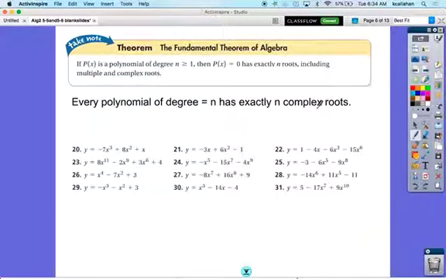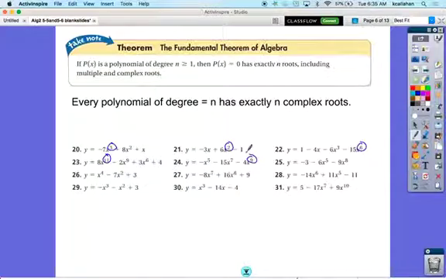And so these are all actually taken from a different section, but just to show how many complex roots we would expect. And in fact, I'm showing functions, so they would be zeros, but how many would we expect? You can see if it's 7, if it's a cubic polynomial, you expect 3. If it's quadratic, 2. Is it a 6th power? 6. Whatever is the highest exponent, that's how many complex roots there are.